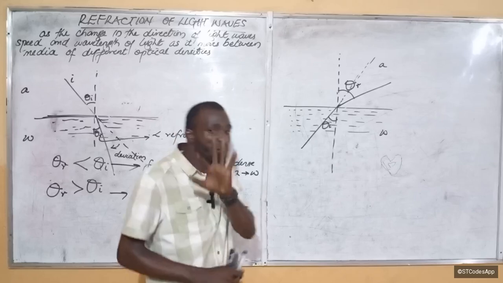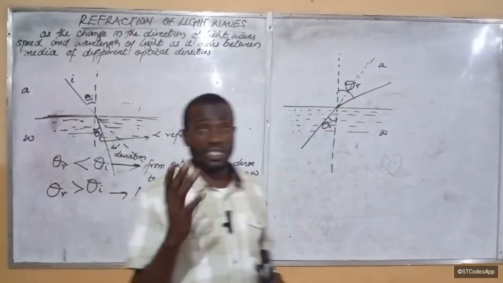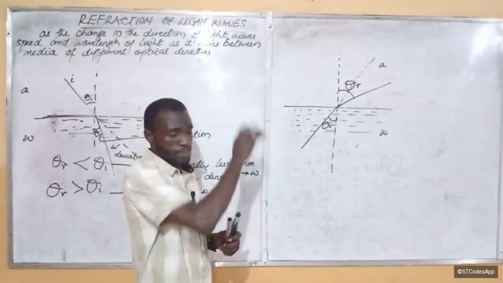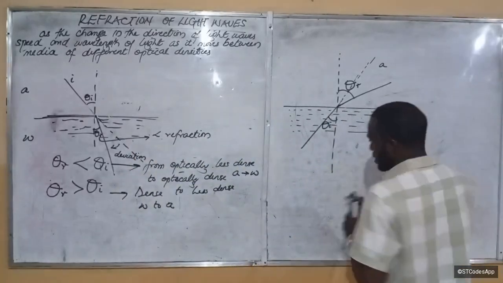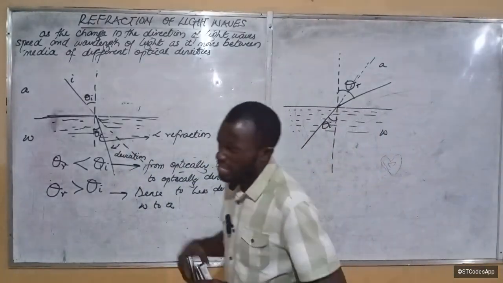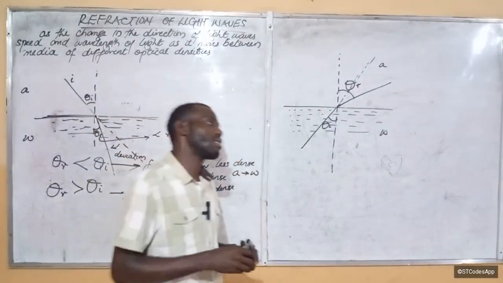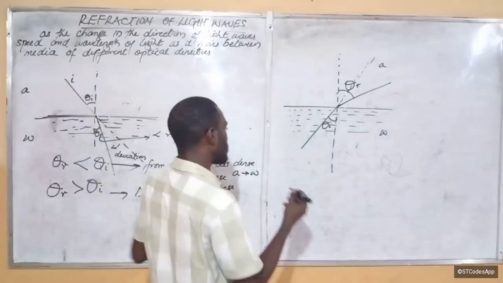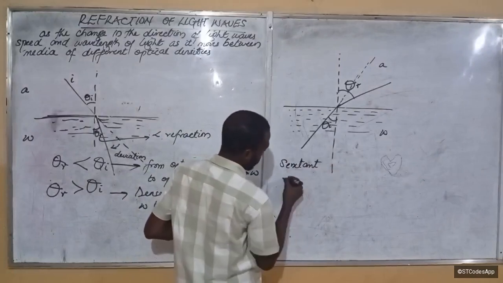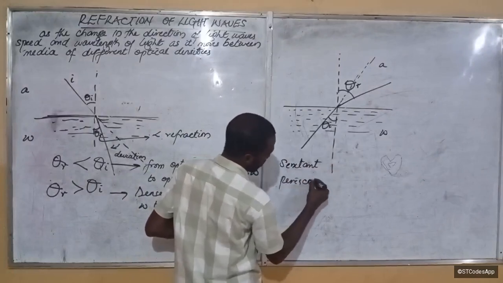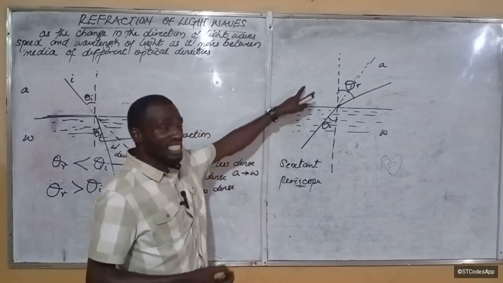Before we get to that, let me explain a historical perspective of this whole thing. Remember that yesterday I told you that we use reflection to create some things. I told you about sextants, I told you about the periscope, and maybe even the kaleidoscope.